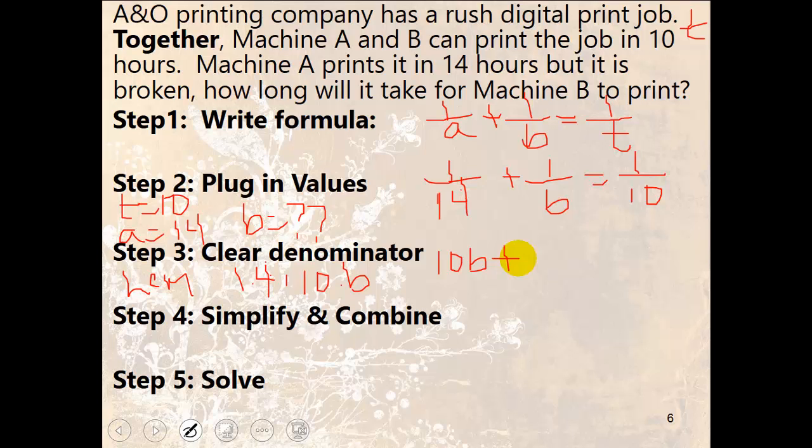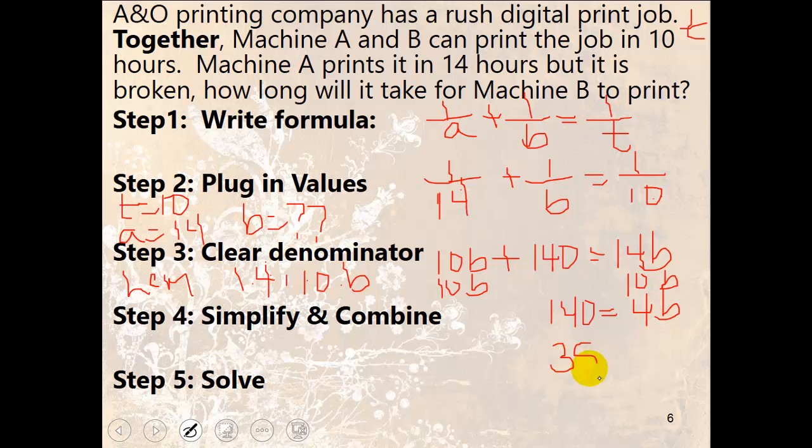And then my B's are going to cancel, so I'm going to get 140. And then this last term, my 10s are going to cancel, so I'm going to get 14B. I'm going to move my B's over to the right. So I get 140 is equal to 4B. And so when I solve that, I get 35 is equal to B, so 35 hours.